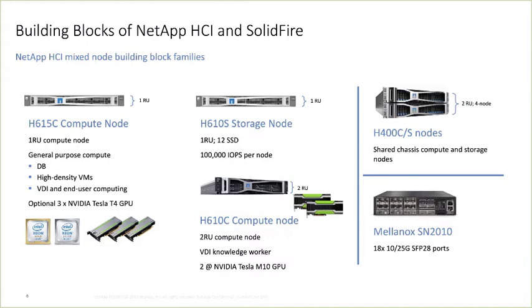Then we have the H610C, which was rolled out about a year ago, again featuring an NVIDIA graphic card. This one's more for your Windows environment, more for knowledge-based workers, whereas our H615C is more general purpose, but has a lot more GPU horsepower for those larger environments.